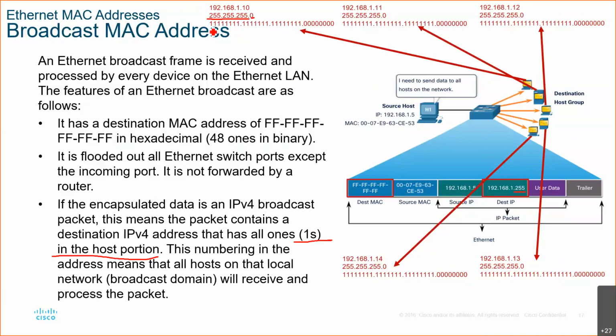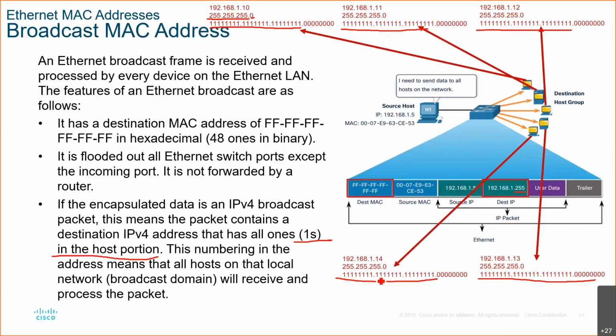So we are interested in the network portion. That means it is going to send to all the devices in the network that have this same network portion. So it will send it to this device, this device, this device, and this device, because for all of them the network portion is the same.